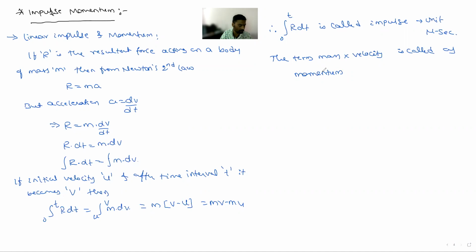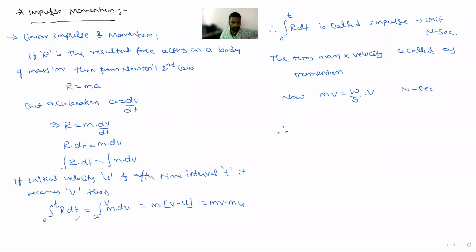We have learned momentum in the first chapter, correct? So m into V, mass into velocity, is momentum. This can be written as m is W by g into V, and the unit is Newton second.